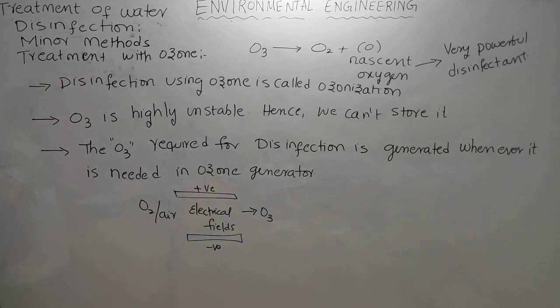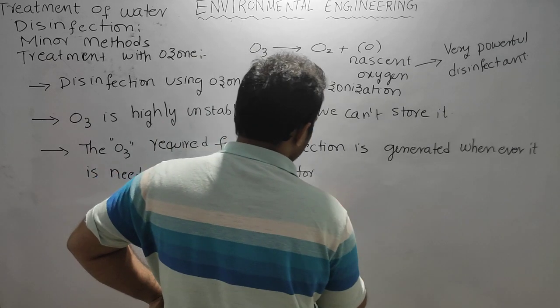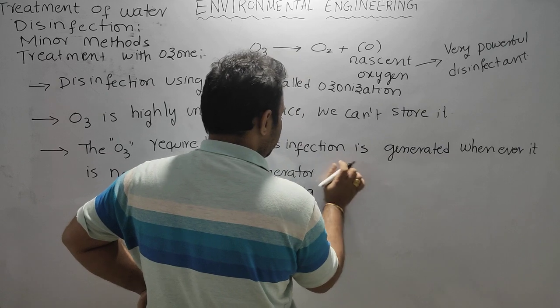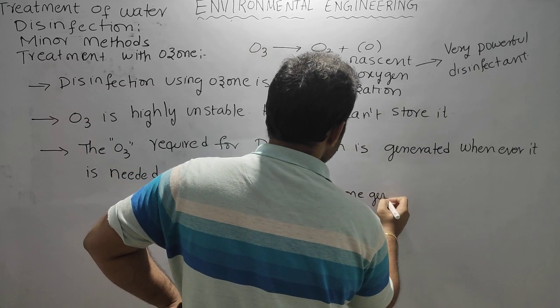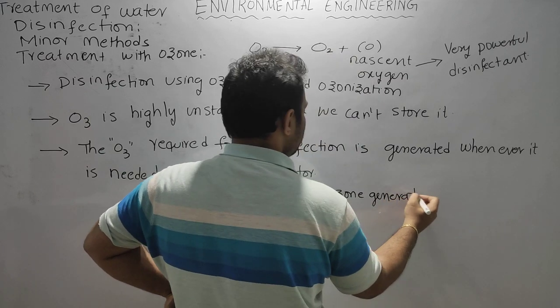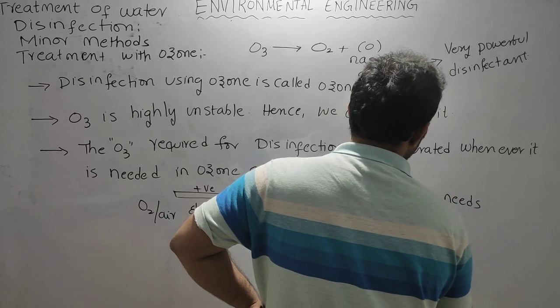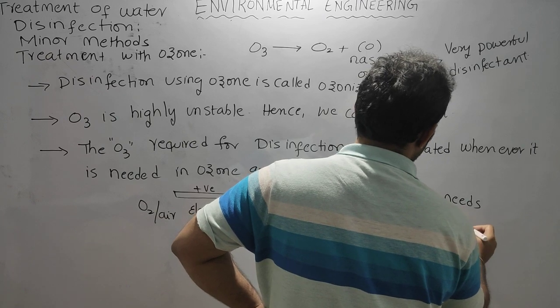Generally, 1 kg of ozone generation needs 0.826 kilowatt hour power.